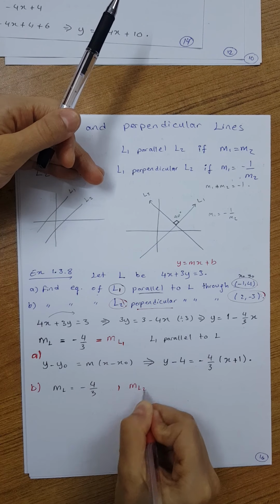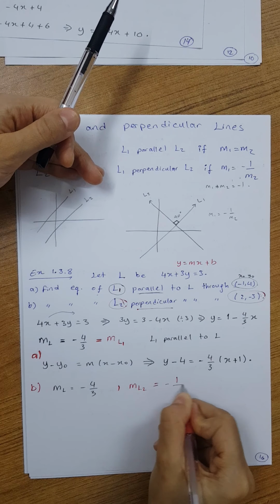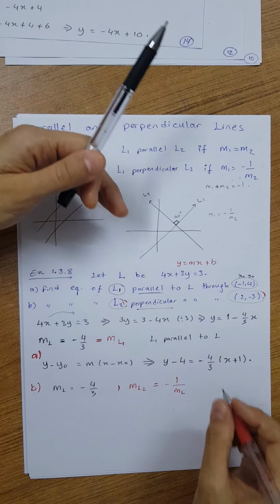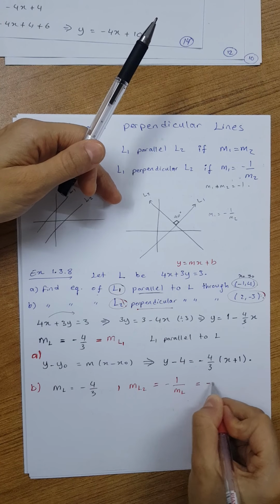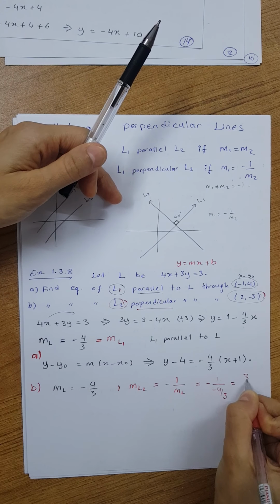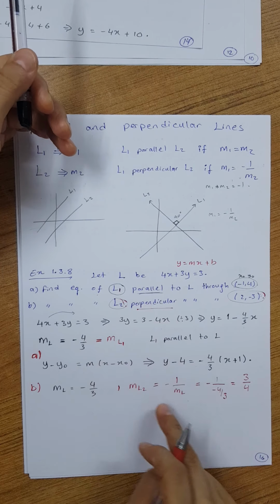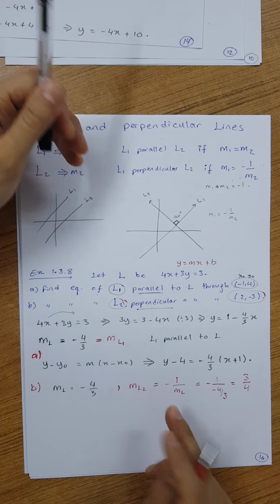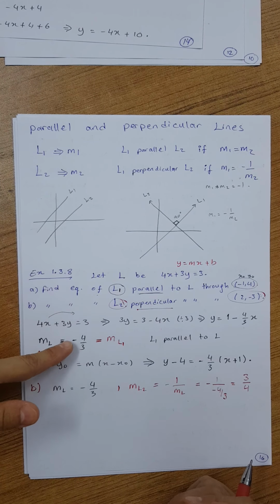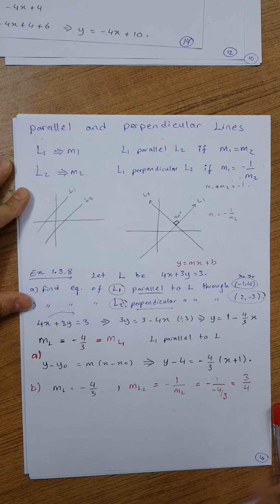M of L2, the slope of this one, is equal to minus 1 over m of L. So that one is equal to minus 1 over minus 4 over 3, and that's equal to 3 over 4. Or in general, you can say when we have got perpendicularity, the other slope is equal to that slope made upside down with the change of sign. So that one is equal to 3 over 4.